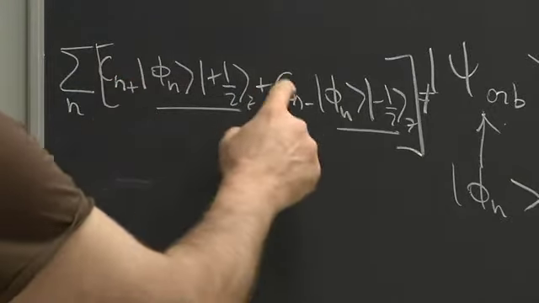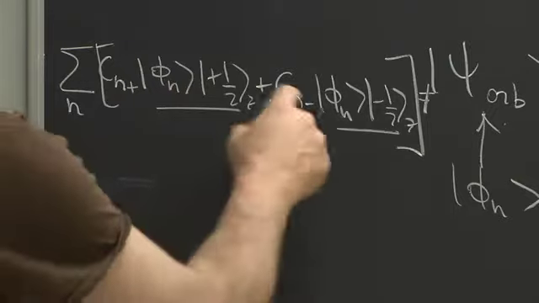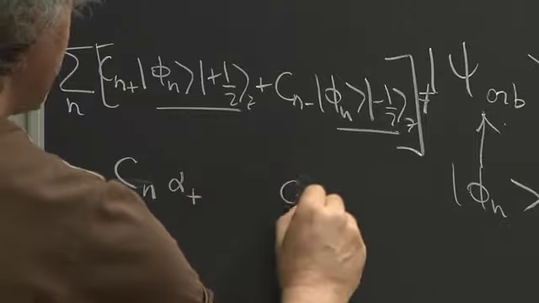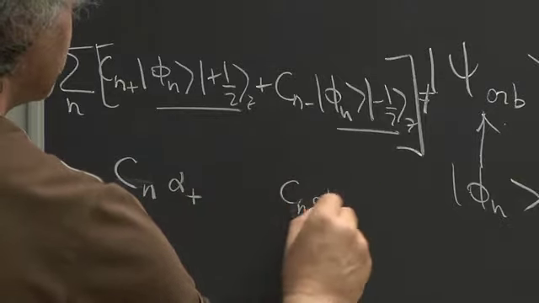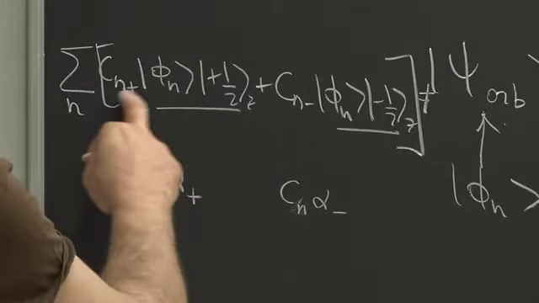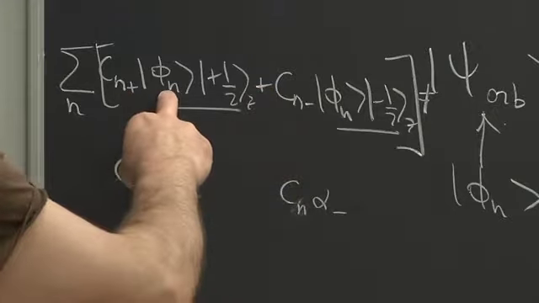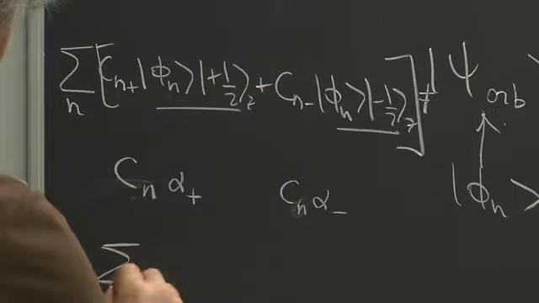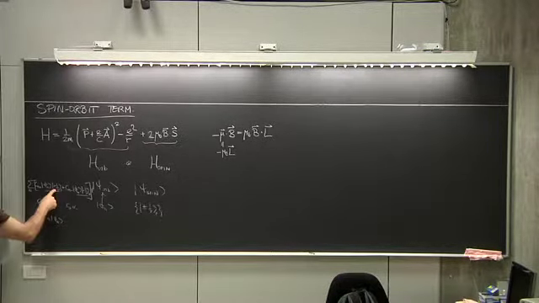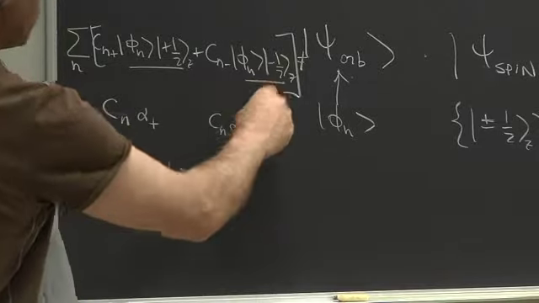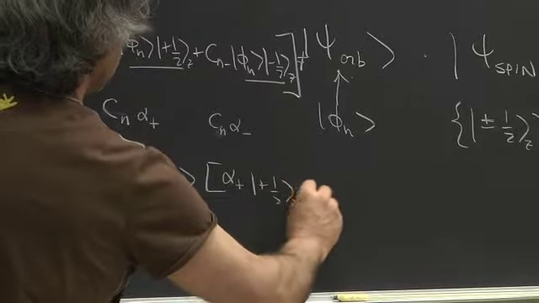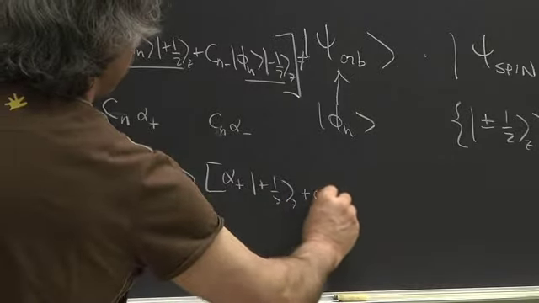Unless these coefficients are very simple. For instance, if they are factorized as c n alpha plus and the same c n times an alpha minus, then you can obviously extract from here a coefficient c n phi n out like this, and the alpha plus plus alpha minus minus reconstruct for you a most general spin state.